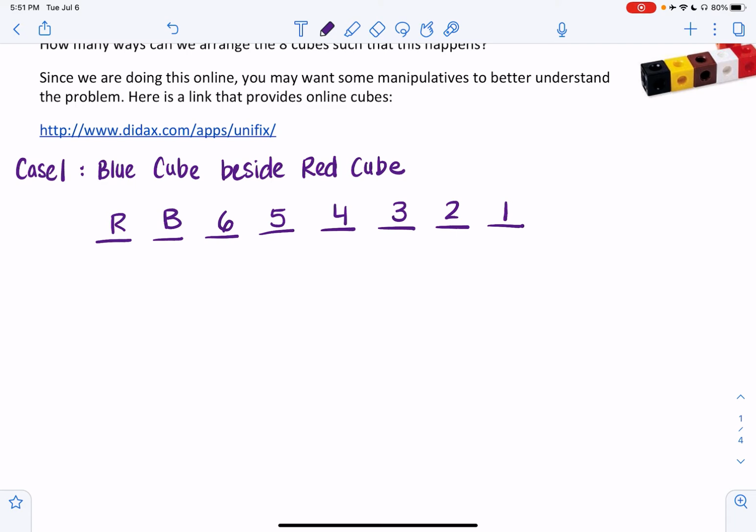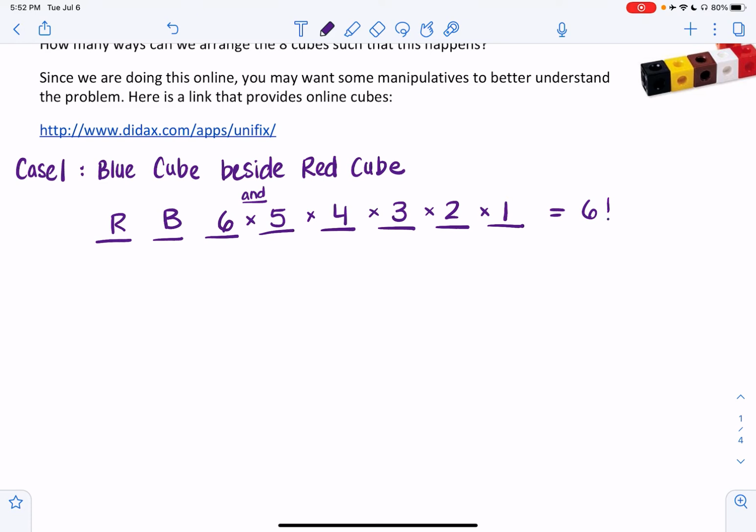Now, because we require a first cube and a second cube and a third cube, we are going to multiply these numbers. Anytime we use the word and, we multiply. And we will continue to practice with this as we continue working with situations like this. So when I multiply all of those together, I will have 6 factorial.